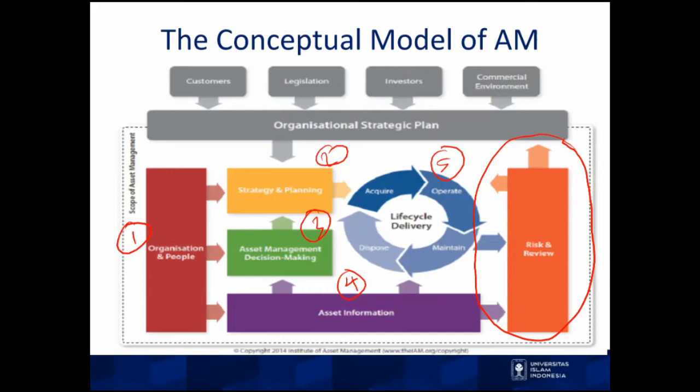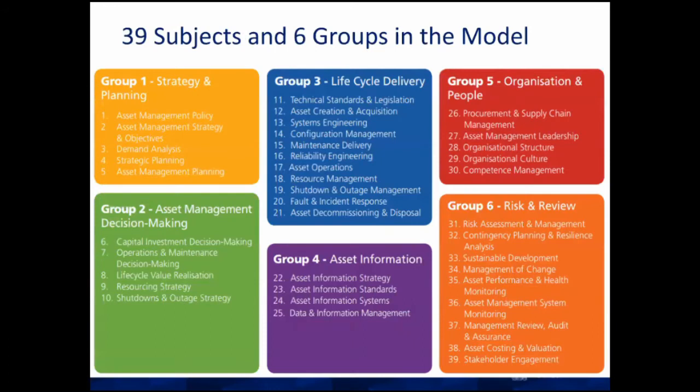In group 6 of the conceptual model of asset management, you can see that there are at least 9 subjects, from risk assessment and management, contingency planning and resilience, and so on.